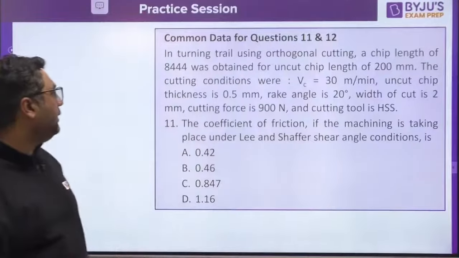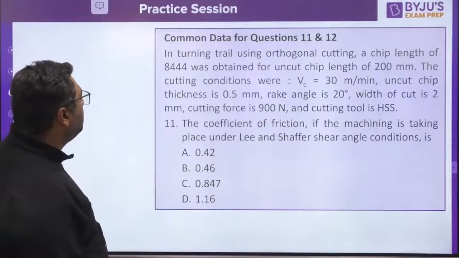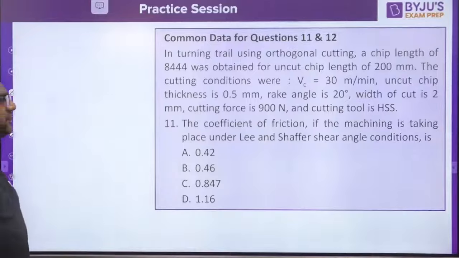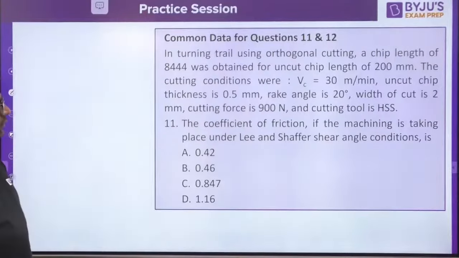In turning, using orthogonal cutting, a chip length of 84 mm was obtained for an uncut chip length of 200 mm. Solve it, guys.